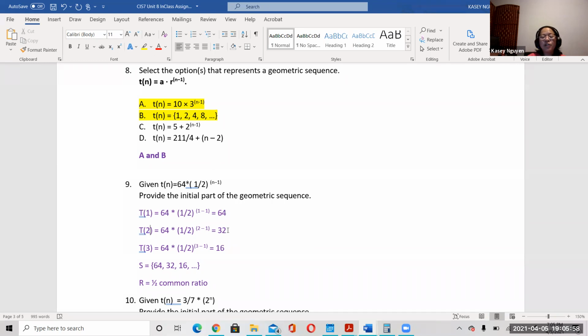And so we can continue, but the partial sequence we have 64, 32, 16. And the next one should be, anyone know? 8, right? It's dividing by 2 subsequently. So the key here is we look at how it's going to be multiplying. So your r is the common ratio, which is half.